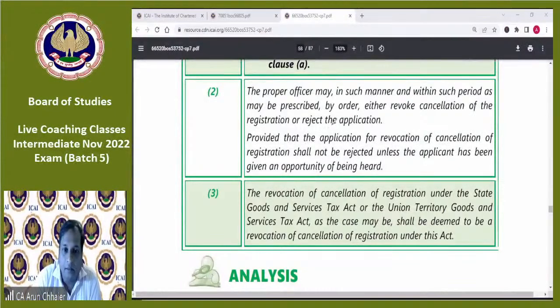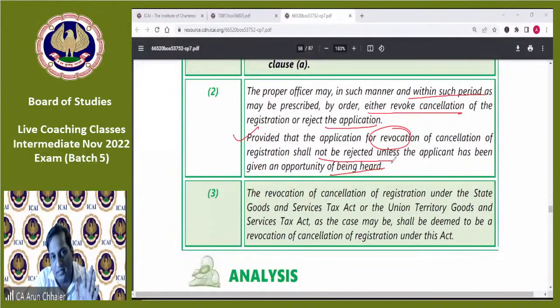Proper officer, in such manner within such period as may be prescribed, shall either revoke or reject the application, provided that an application for revocation of cancellation shall not be rejected unless the opportunity of a hearing is given. So that is the principle of natural justice.